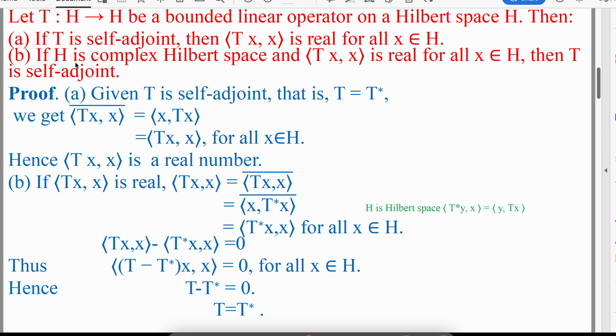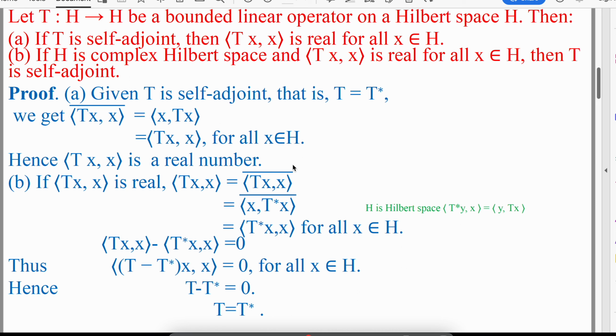Now for the second case, it is given that H is a complex Hilbert space and this inner product is real. Because this inner product is real, it will be equal to its conjugate. Now we have to show that T is self-adjoint. So because the inner product is real, the inner product of Tx with x is equal to the conjugate of the inner product of Tx with x.